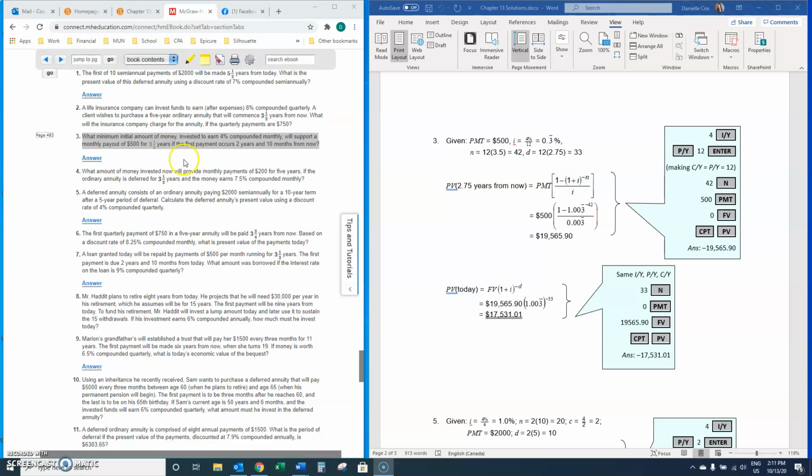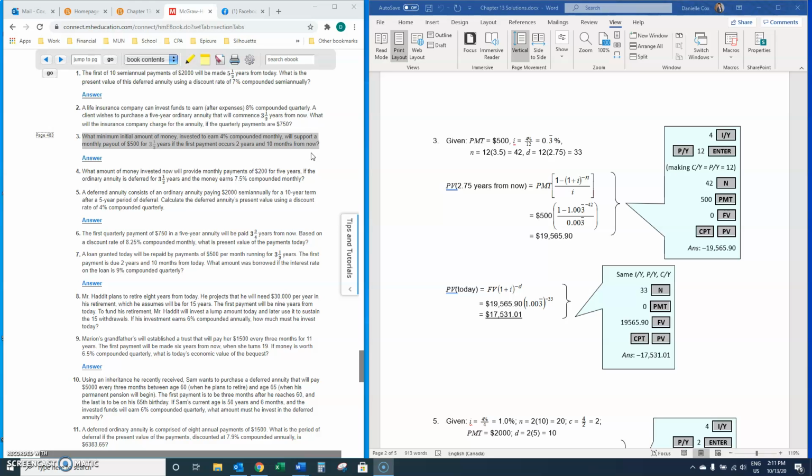But now the difference here is if the first payment occurs 2 years and 10 months from now. So again, you might be inclined to say, okay, 2 years, that's 24 months, plus 10, that's 34 months. But remember, the payment occurs at the end of a period.